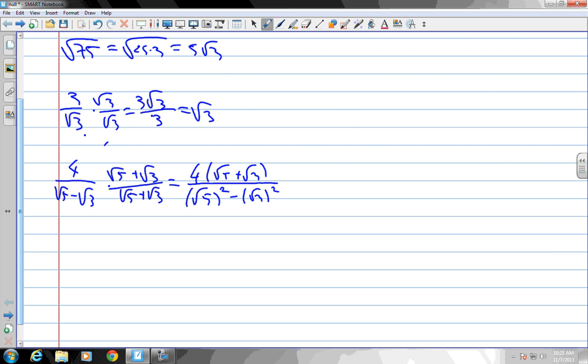You always do the opposite, because if you do the negative sign, then you don't even get anything pretty in the denominator.